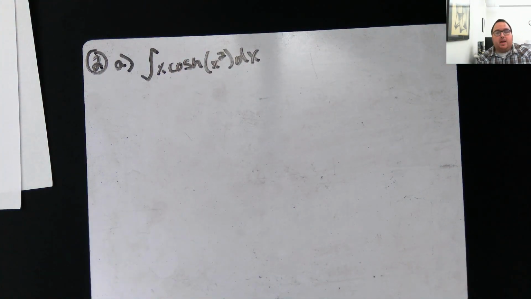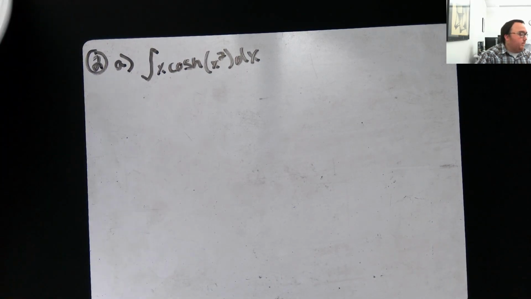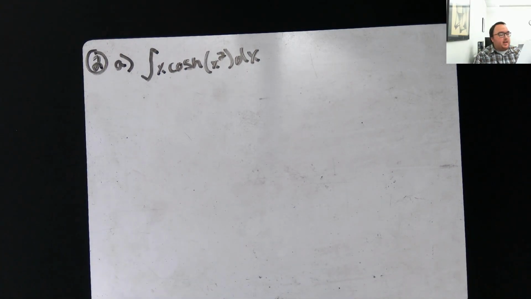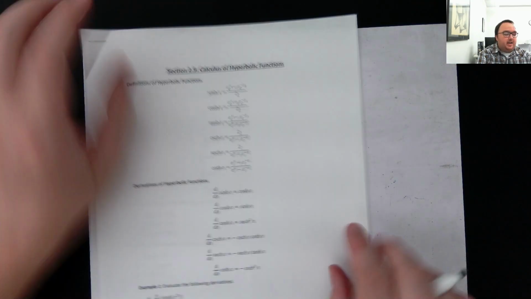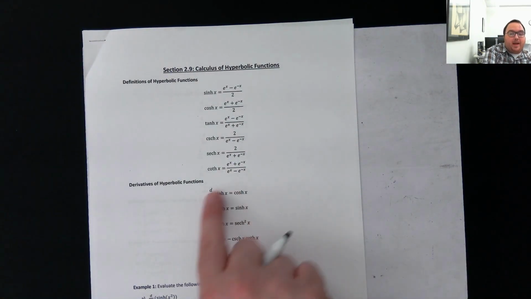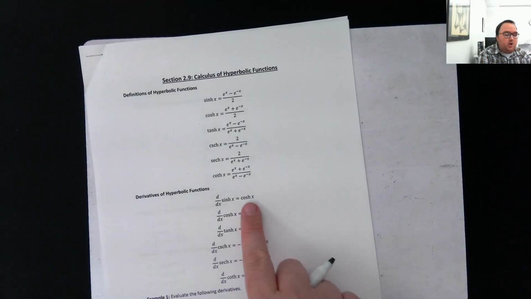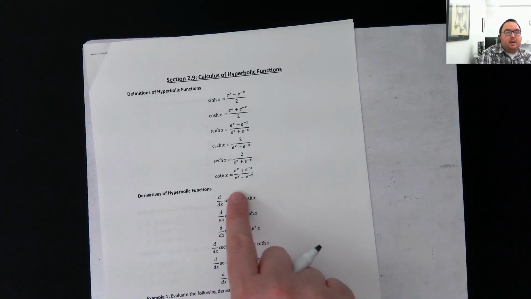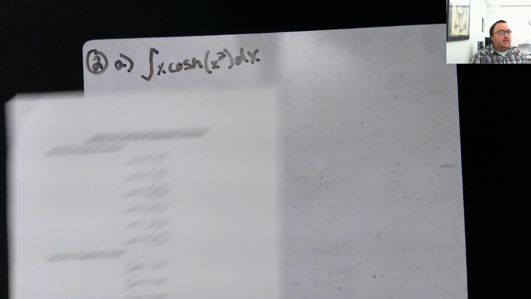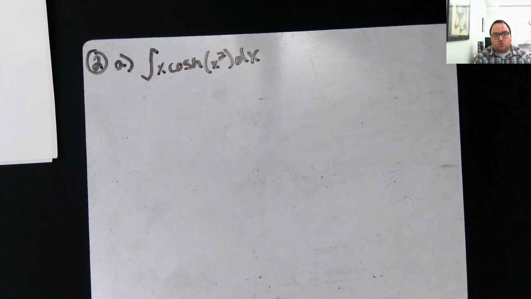Well, if this was just hyperbolic cosine, it wouldn't be very hard because since I'm taking the antiderivative, I'm taking the derivative and then I'm going to go backwards, right? So if it was just hyperbolic cosine, I would know going backwards it would be hyperbolic sine. But this is hyperbolic cosine of x squared.